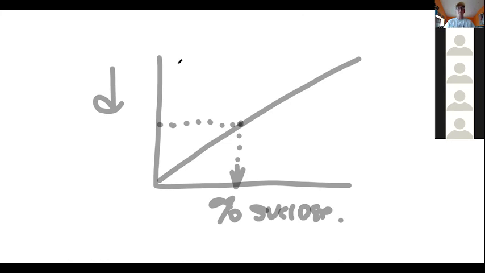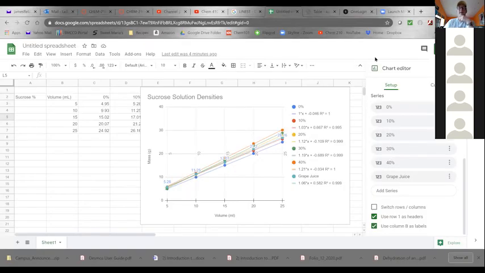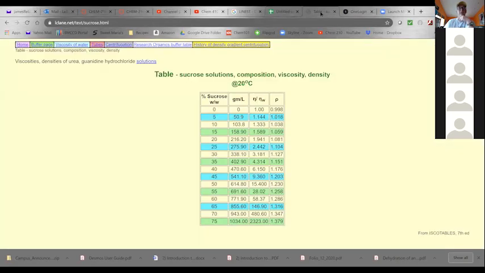You can also check your work by looking online and just looking up a table. I just looked up a table of densities, and here's a table of sucrose solutions, what their viscosity is, basically how thick they are. And then this last one is their density.